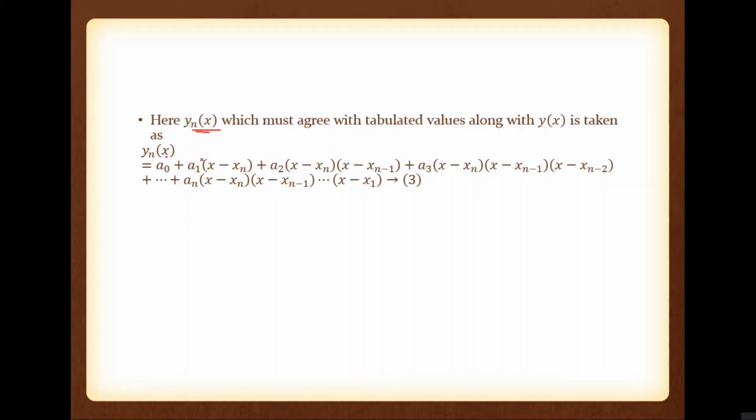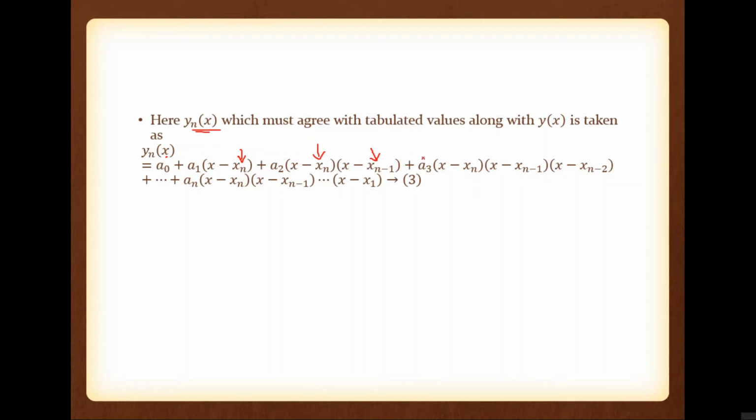In Newton's forward interpolation, associated with a1, we have x minus x0, the first data. Here, we have the last data: x minus the last data. Associated with a2, we have the last two data: x minus last data into x minus second last data.